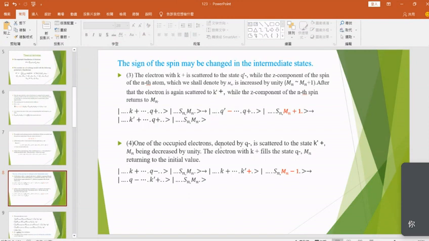And one of the occupied electrons, denoted by Q minus, is scattered to K prime. Mn is also decreased by a unity and the final state recovers to Mn. This means we are considering the spin of the electron changing from the initial state to the final state.